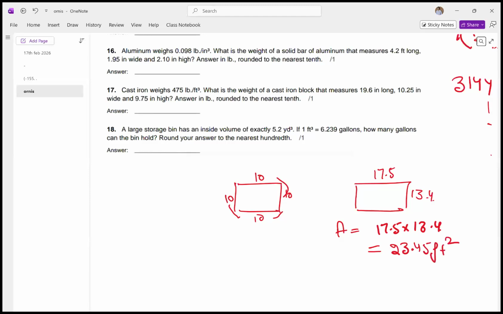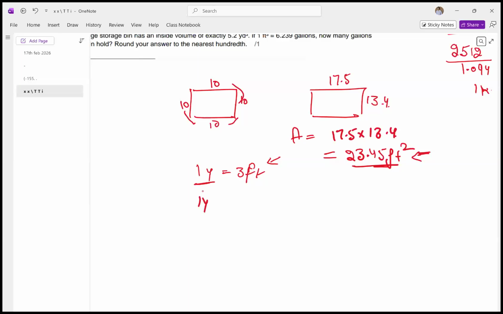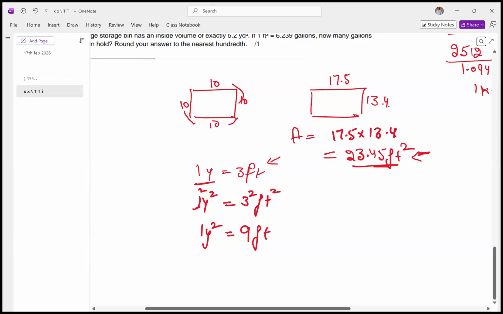Now I wanted to convert it into square yards. How to convert it into square yard? One yard equal to 3 feet. Okay, this is the conversion for 1 yard, but this is in square feet. So one square yard is equal to 3 square feet, I'll square everything. So one square yard is equal to 9 square feet. That is what you're going to do. Okay, so please don't confuse yourself.